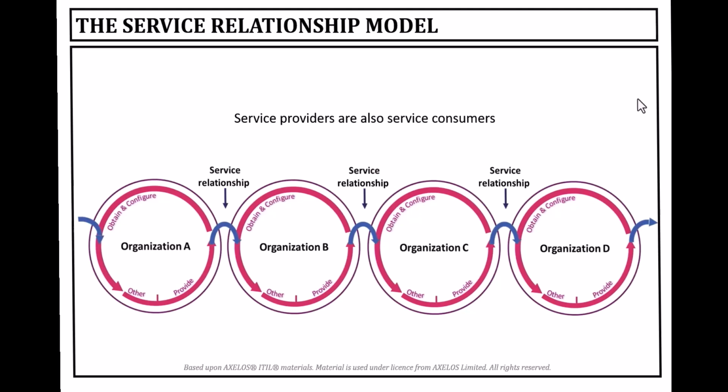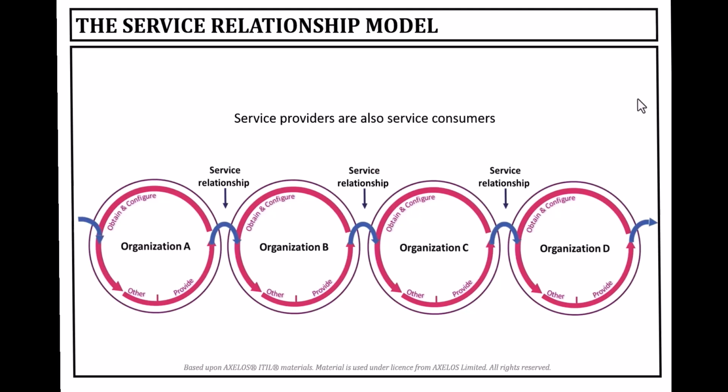Organization B, let's consider, is a car hire service that's using this new application developed by organization A. This new application enables the consumer, the car hire service, to coordinate and manage the visit of car hire services to their client.